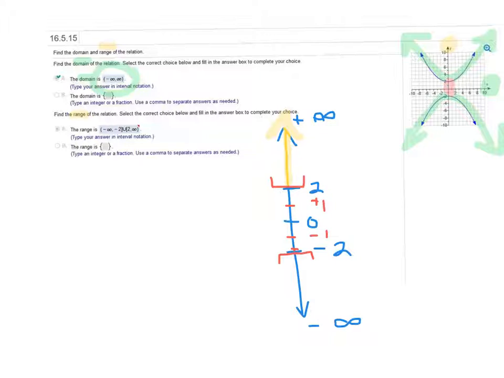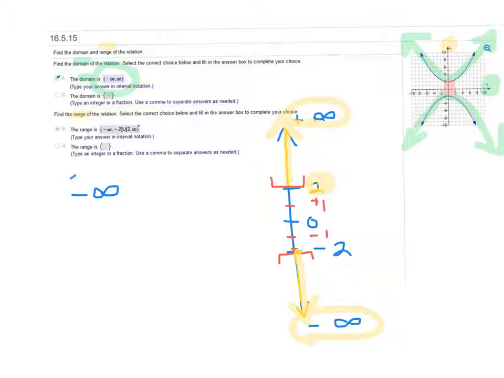Which means that it goes from 2 to infinity. And it also goes down from -2 to negative infinity. And the way that you say that is, since we begin with negative infinity, because you always begin with your bottom number, your lowest number, we'll start with negative infinity.